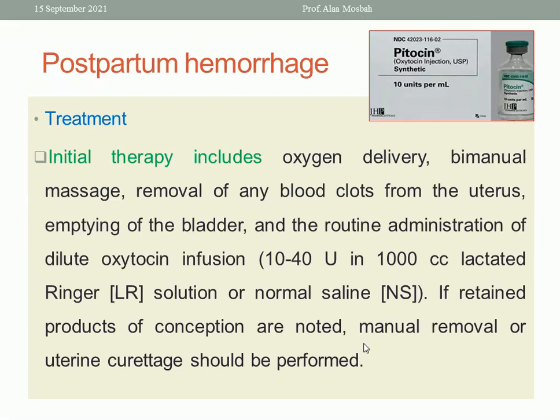Do bimanual massage, remove any blood clot inside the uterus, evacuate the bladder using a catheter, and use oxytocin infusion 10 to 40 units per 1000 lactated Ringer or saline. If there is a retained product of conception, you can remove it manually under anesthesia, and you may need to do uterine curettage.